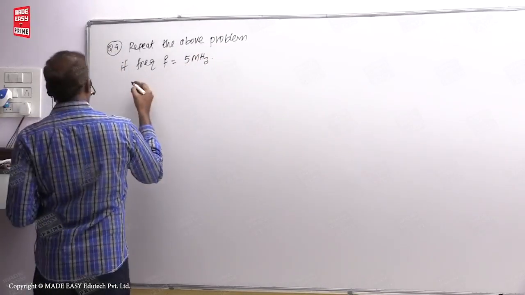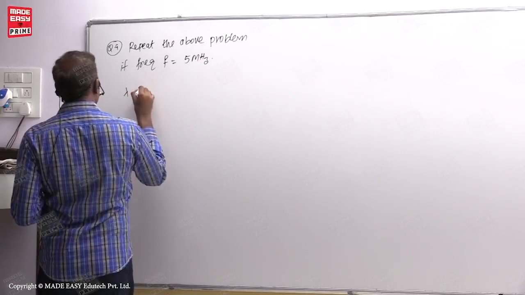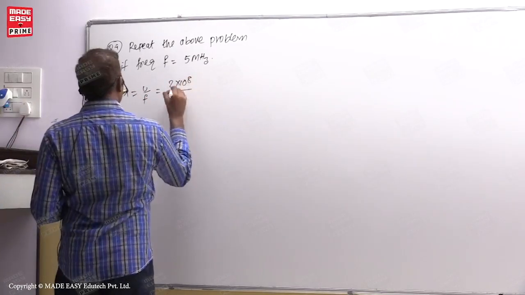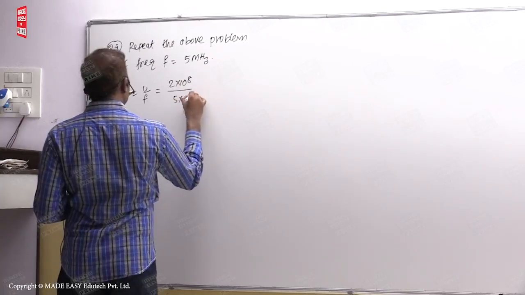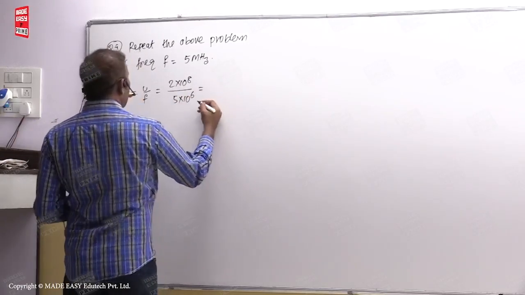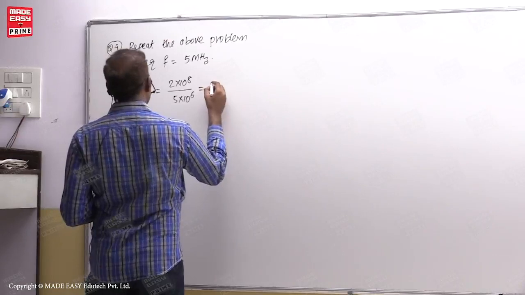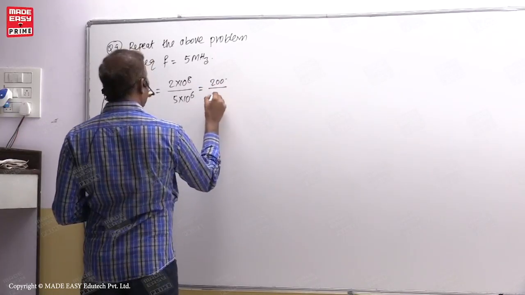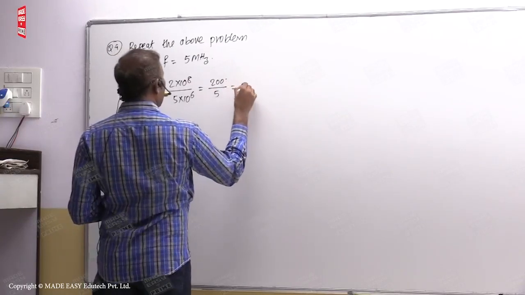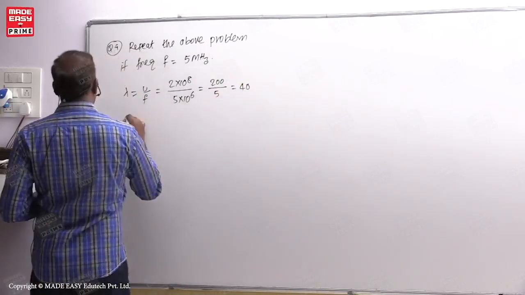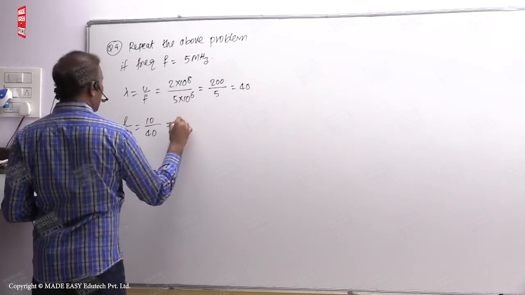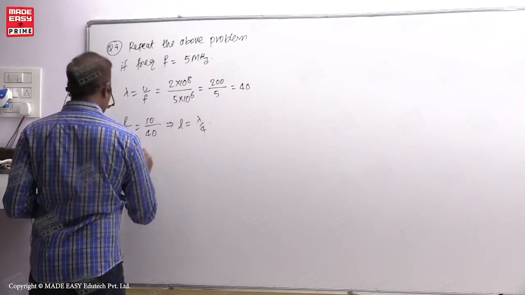Then here lambda is equal to V by F. V is 2 into 10 to the power 8, divided by 5 into 10 to the power 6. Then 200 divided by 5, that is 40 meters. Now L by lambda: L is given as 10, lambda is 40, implies L is equal to lambda by 4.